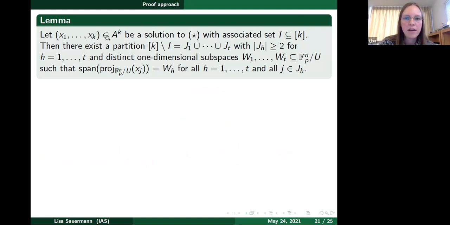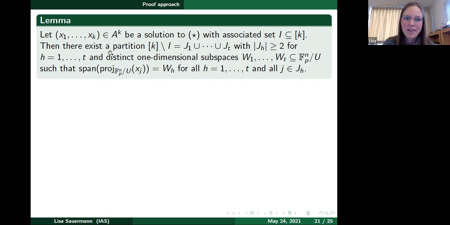So here's a lemma. If we have any solution in A to the system star, and the associated set to the solution is some set I. So that was the definition we had before, how we associated the set I to each solution with these complicated conditions and the maximization of this complicated quantity.